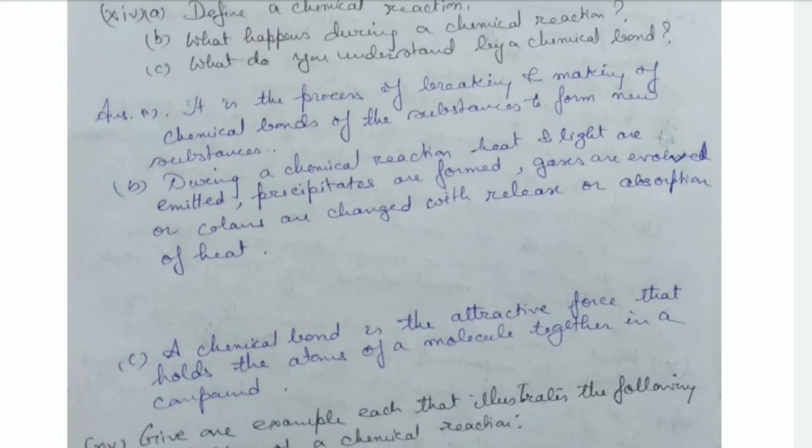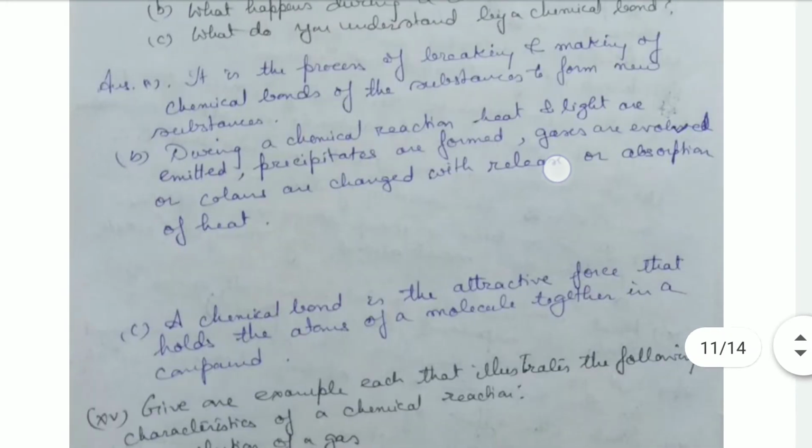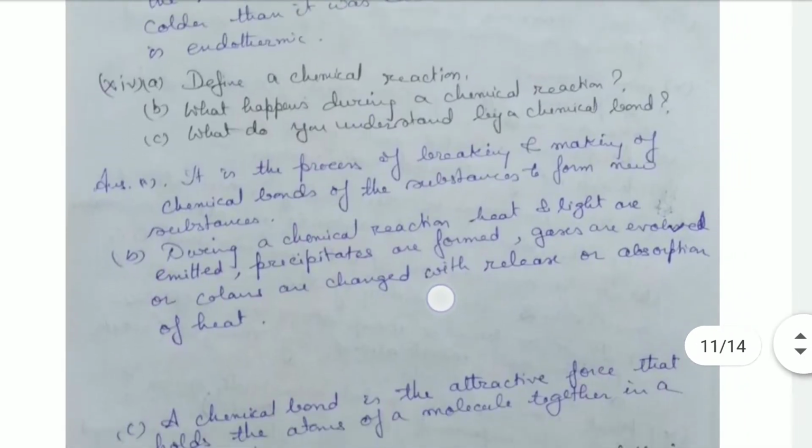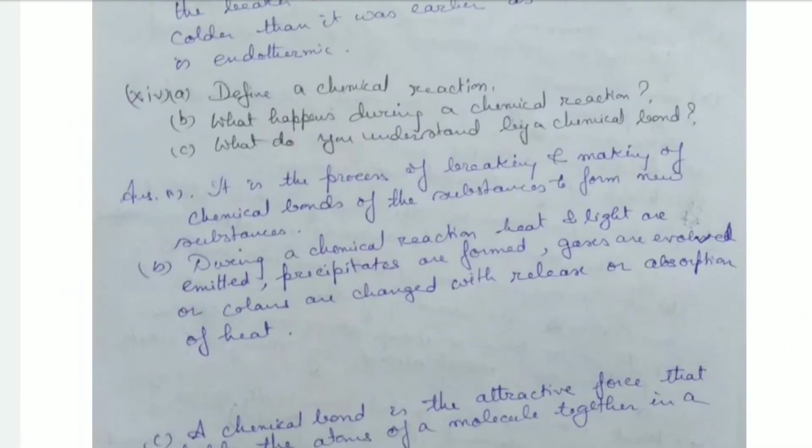Any 2 points. Okay, so first is that the series facilitates the comparative study of the metals in terms of degree of their reactivity. Okay, so it will help us to study comparatively, that is compare the metals according to their degree of reactivity.